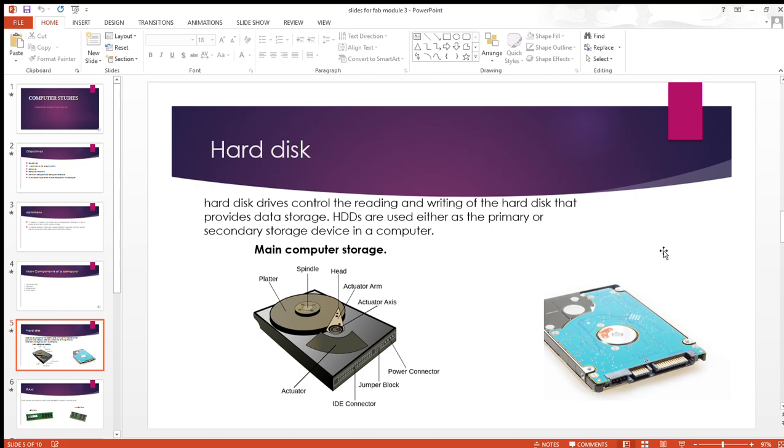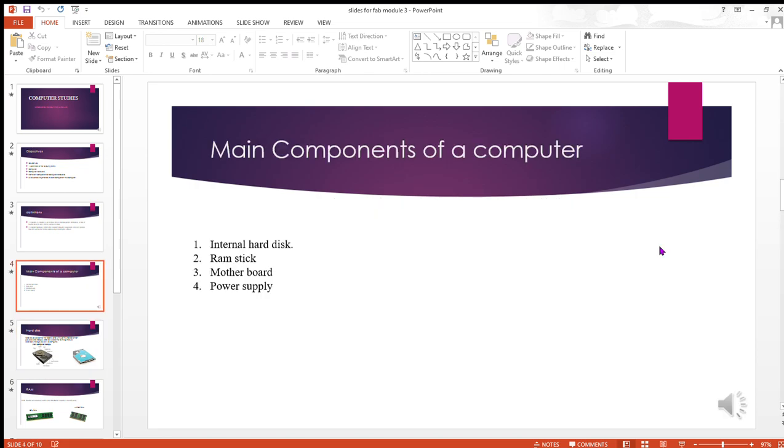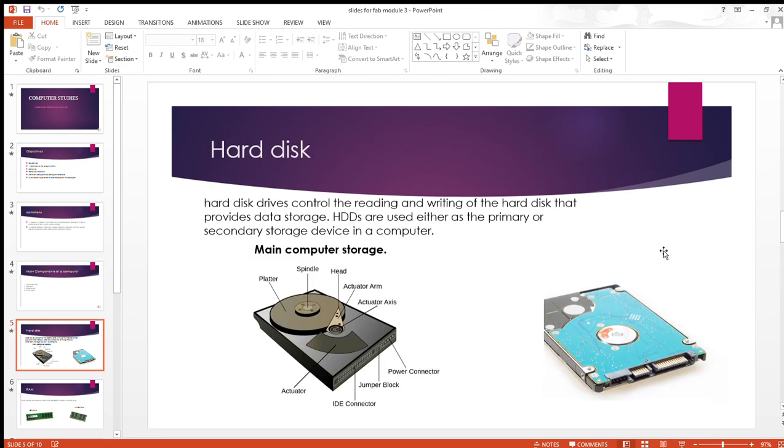Now, let's handle one at a time. We start with the internal hard disk. We have two types of hard disk, and someone give us one type, and the other person will give us another type of a hard disk that we use day to day in our computers.